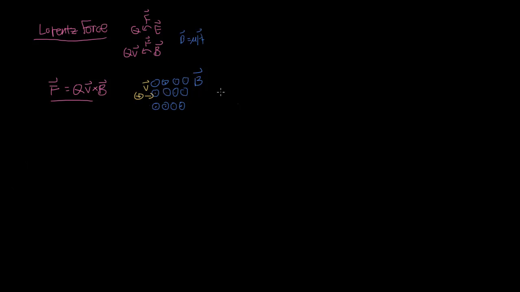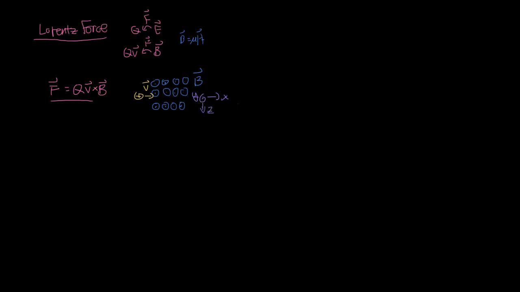So again, if we call this X and we call this the Y direction, then if you point all of your fingers in the X direction, curl them out of the screen towards the Y direction. If you correctly use your right hand, then you will find that your thumb is going to go in the Z direction over here.